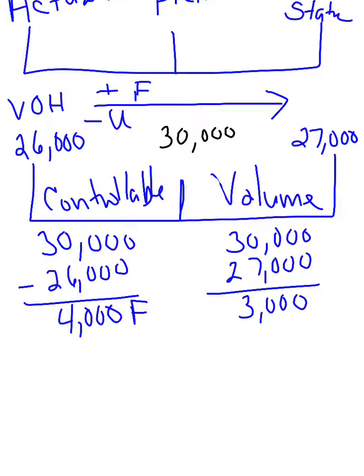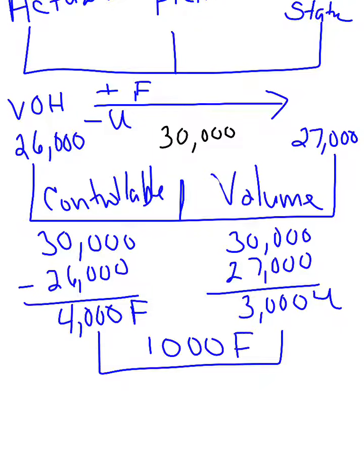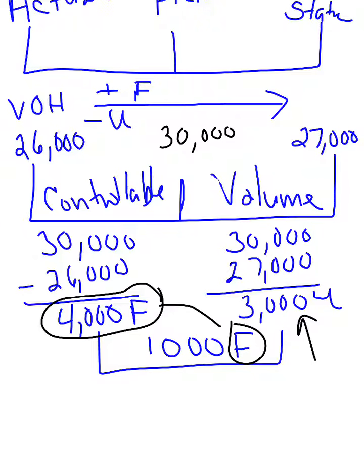Here I am decreasing, so this one is unfavorable, and my total variance here would be $1,000, and it would be favorable. The reason this is favorable is because the 4,000 is bigger than the 3,000, so we take that difference.